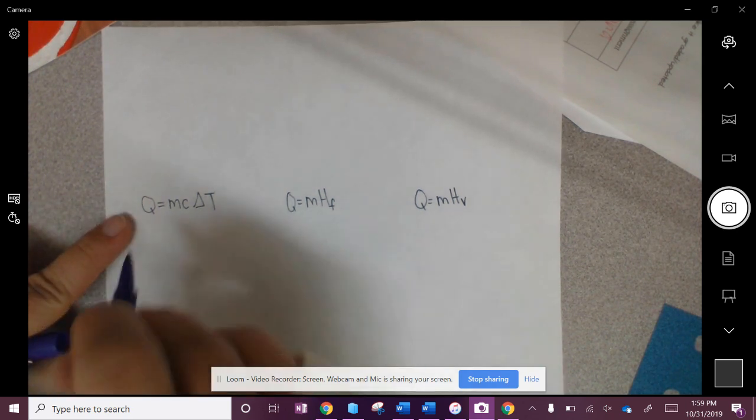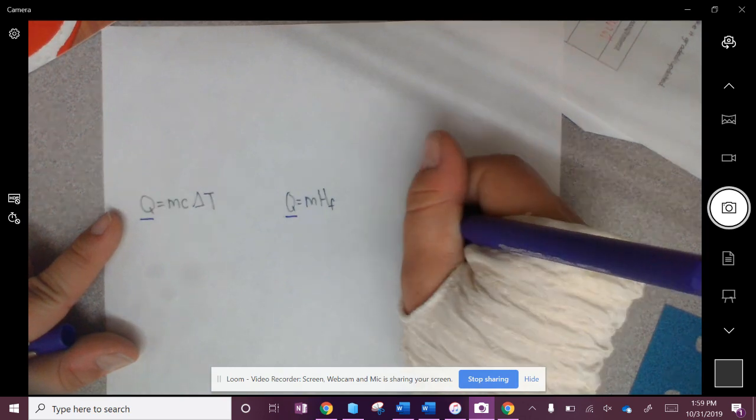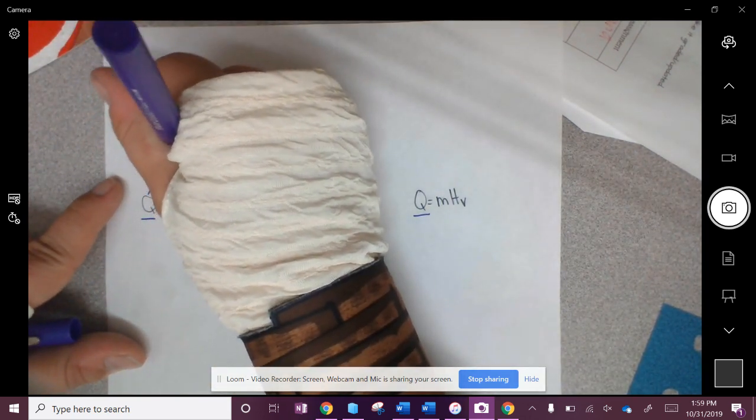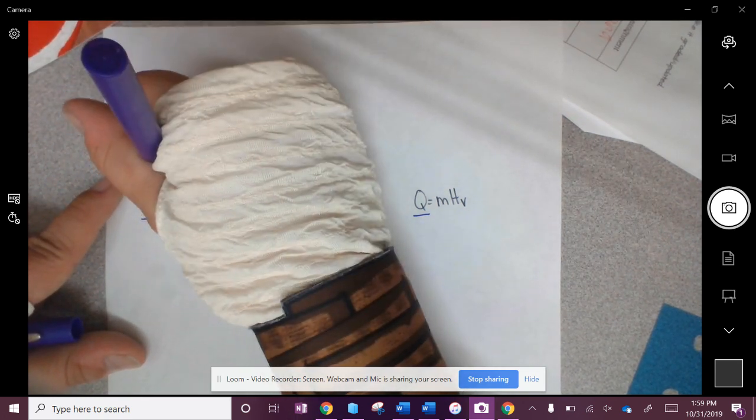Starting with Q, Q is in all three of the formulas, and it does mean the same thing in each. Q represents heat or energy. Remember, for our purposes right now, heat and energy are synonymous.